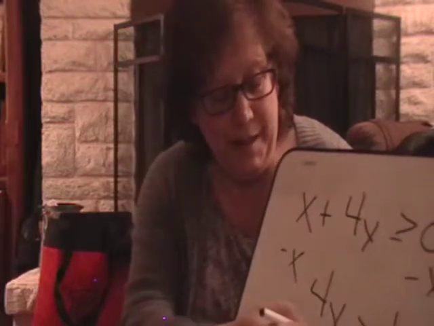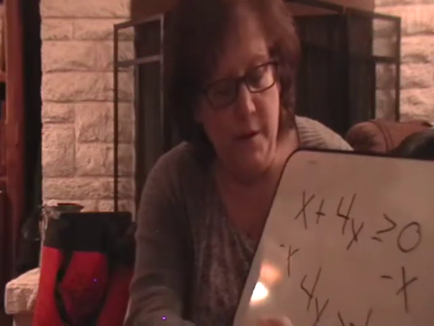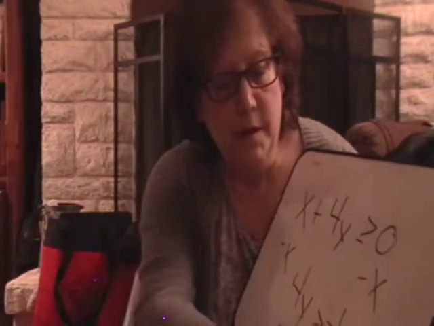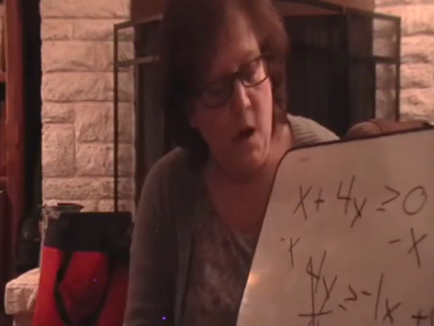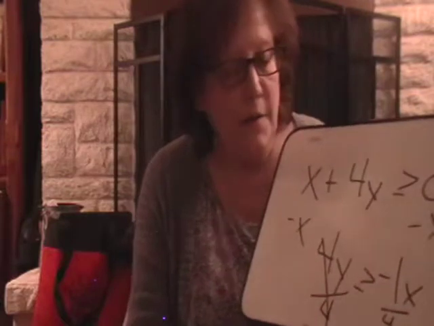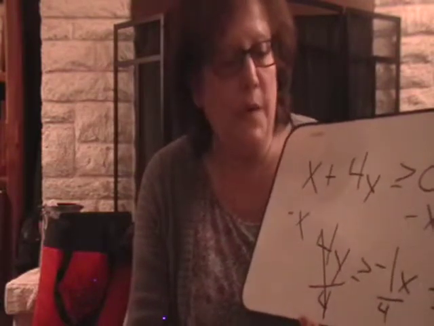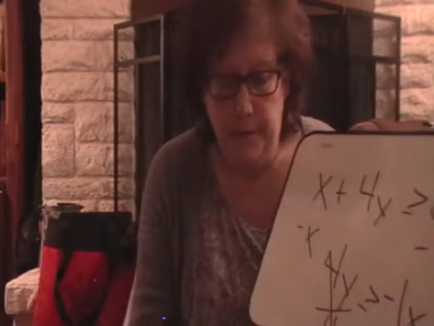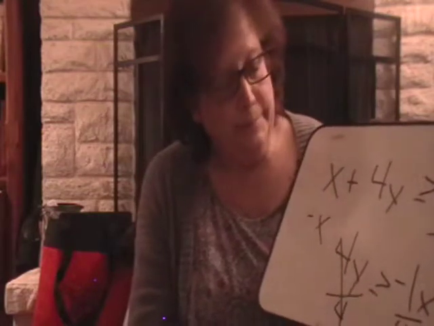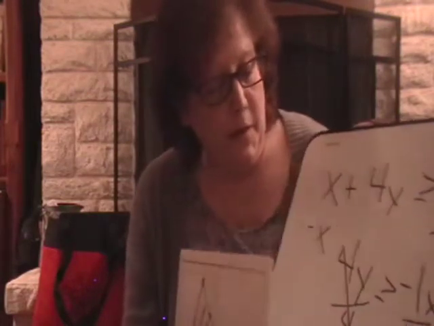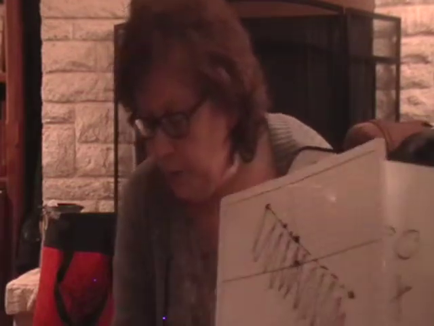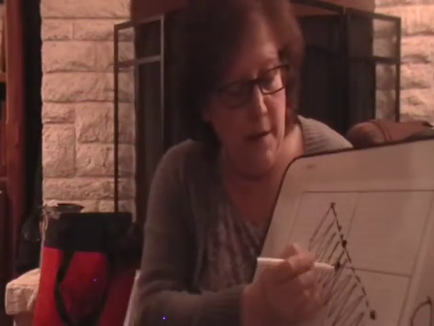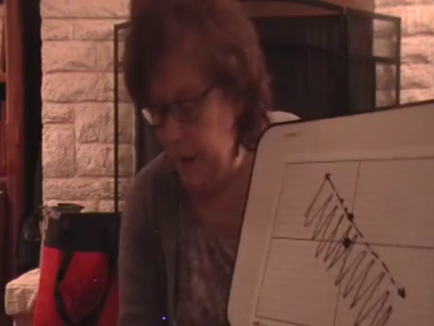I still have to take care of this. Divide by the 4, divide by the 4, divide by the 4. I'm left with y is greater than or equal to negative 1/4 x plus 0. So I'm going to go back and put this on the graph. What is my y-intercept? It's going to be 0, and if you look at their graph, you see that it indeed is 0.